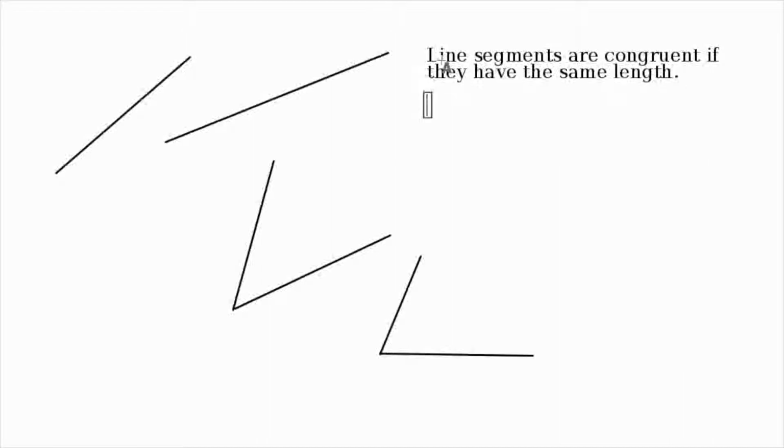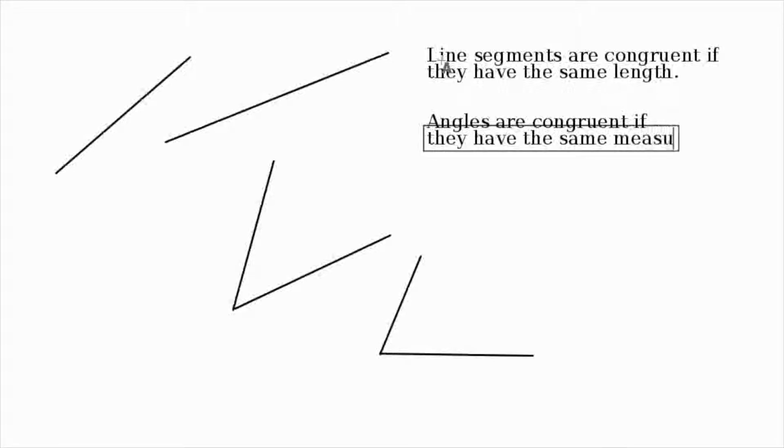Line segments are congruent if they have the same length. Angles are congruent if they have the same measure. Measure, remember, is what we call how many degrees the angle, the opening, is, the size of the angle.